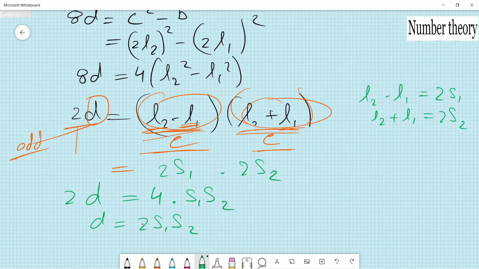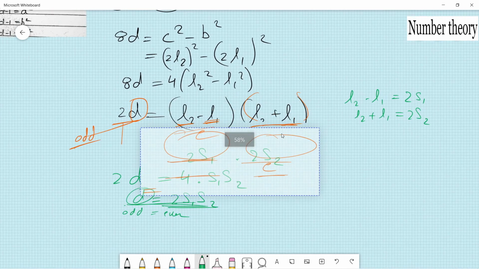Now we know the right hand side is coming out to be even since 2 is here, and we know D is odd. So odd equals even. This can never be true. So there is no such D that will satisfy this equation. So this equation 2 also has no solution.